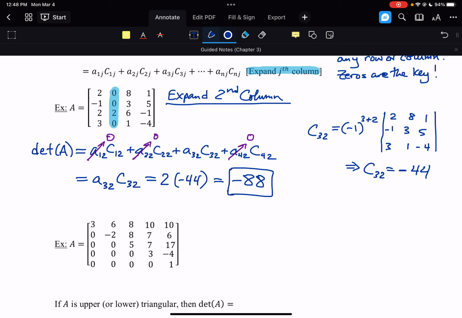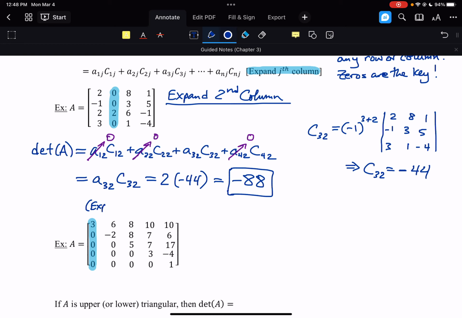There's a couple good choices for this one. Notice there's a lot of zeros down here, so any row or column will work. I'm going to go ahead and go with the first column here. You could also pick the last row. Both of them have the same number of zeros in them. But I think we'll go ahead.